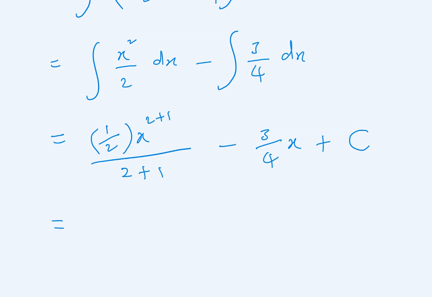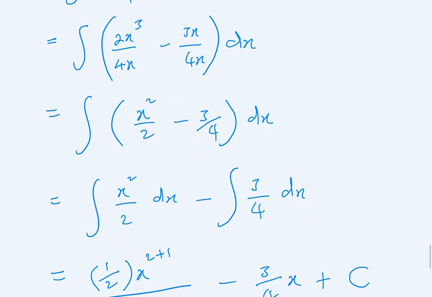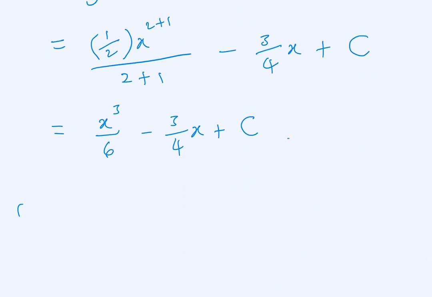So we basically get x to the power of 3 over 6 minus 3 over 4x plus c. So that's the final answer for the first example here. And then our next example, that's B. Over here, we have the following.